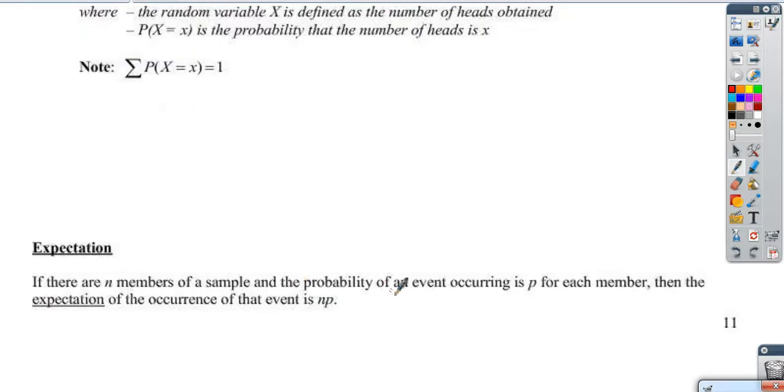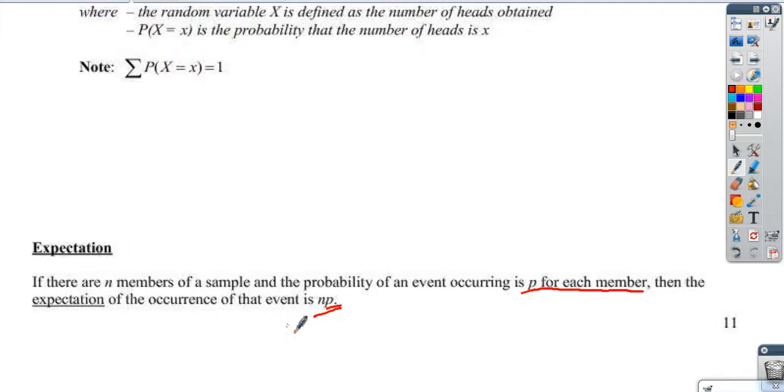Further down the page, you see a discussion of expected values. Well, if we have the probabilities being the same for every single occurrence of my random variable, then that's a special case, and in this case we simply multiply n, the number of times something is occurring, by its probability.